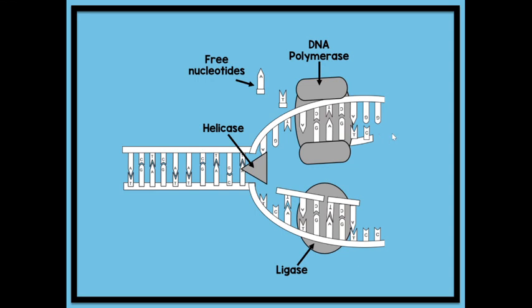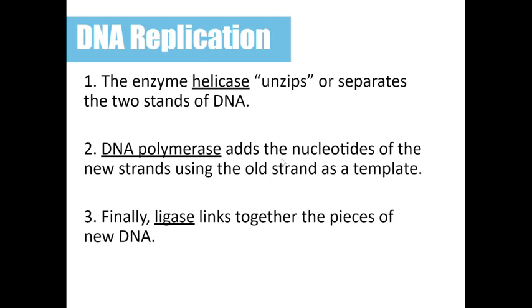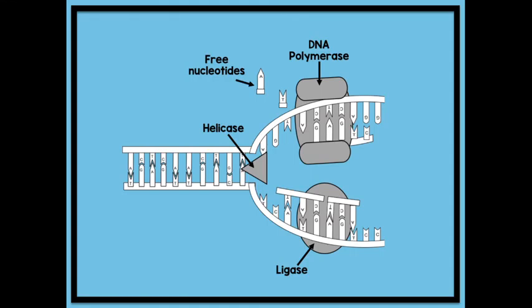And if you recall on our last slide, the DNA polymerase is what adds the nucleotides to the new strand using the old strand as a template. So if you notice, this is where we are starting to build it. We have our free nucleotides that are coming in and adding themselves onto our DNA template. Now down here we have our ligase. Our ligase is acting as a zipper to help these things come together to create two new strands of DNA that are exactly like the strand that we started with.